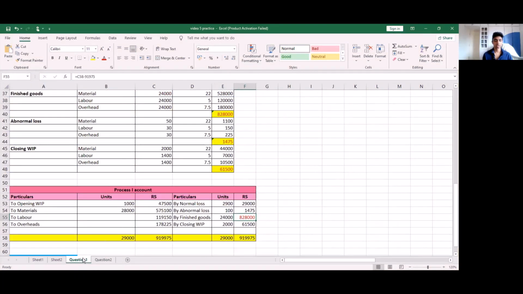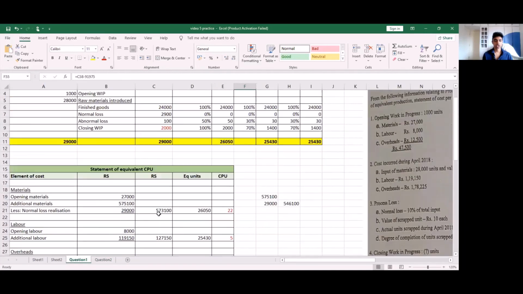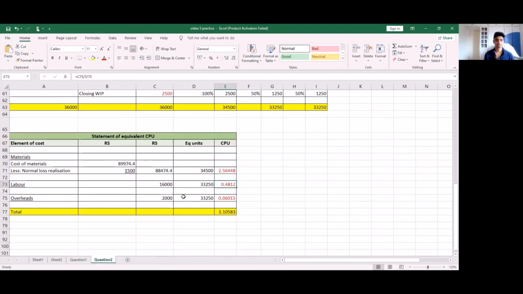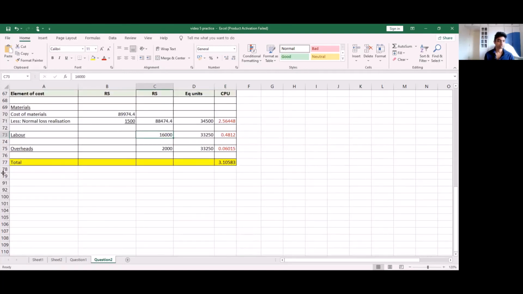So always remember, like we saw in our question 1, we added opening materials, opening labor, and opening overheads to find our total cost. So we add opening materials and then additional materials from which we subtract normal loss. For labor and overheads, we take opening labor or opening overheads and add the additional labor or additional overheads. But in this question, we have no opening work in progress, so we simply take our labor cost and overhead cost.